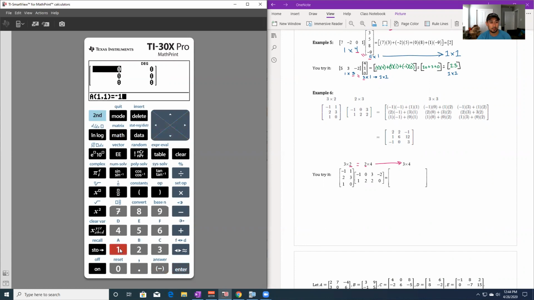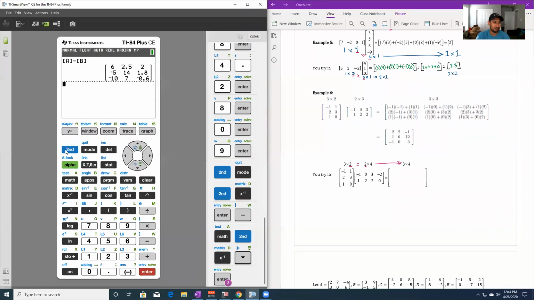And I have -1, 1, 2, 3, 1, 0. Second, quit, second matrix. Edit matrix B, which is a 2 by 4. This one does not let you do 2 by 4. So if you have this calculator, you're doing it by hand. Oh boy. Sorry, kids.